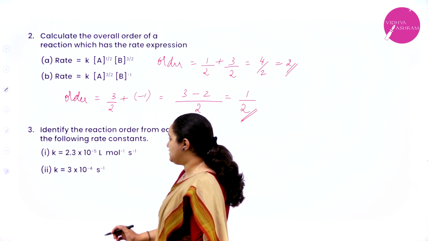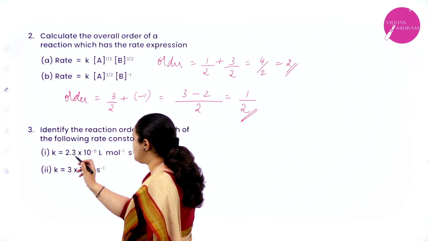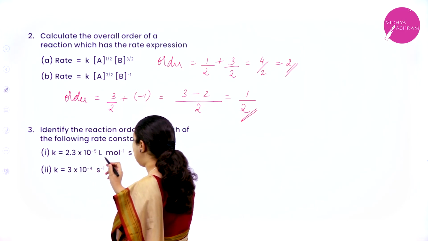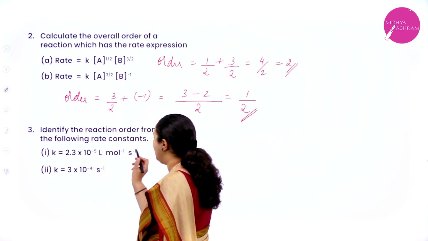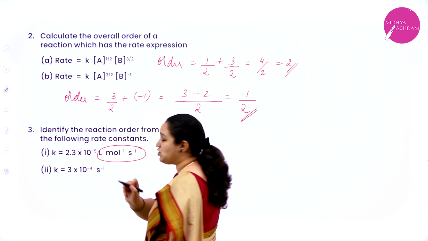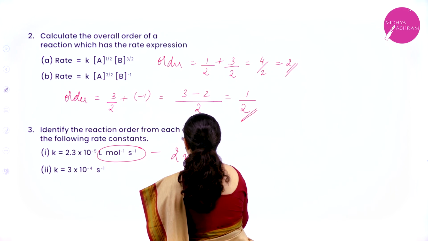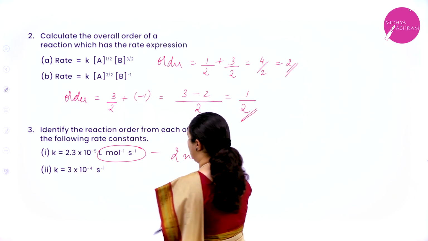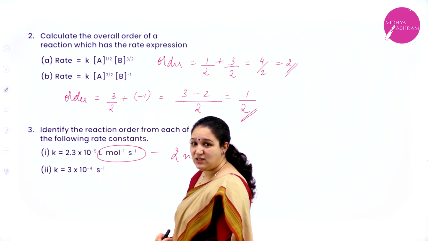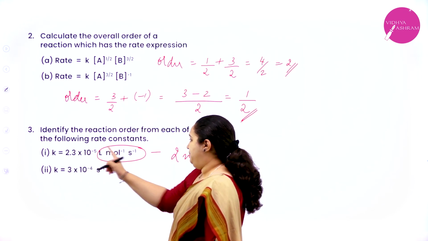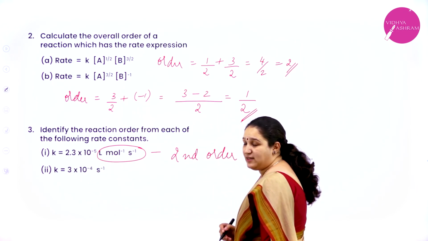In the first question, rate constant is 2.3 into 10 power minus 5 liter per mole per second. This unit is for which order reaction? It is second order. So the first question answer is, it is a second order reaction.